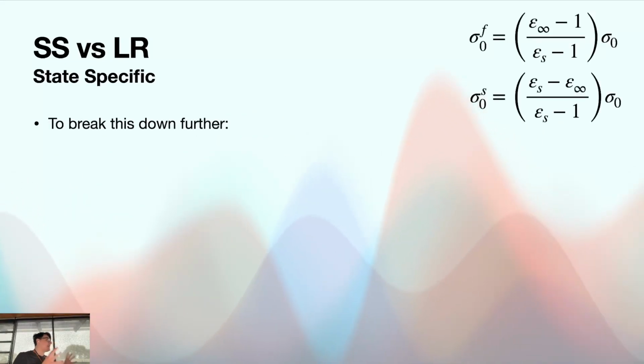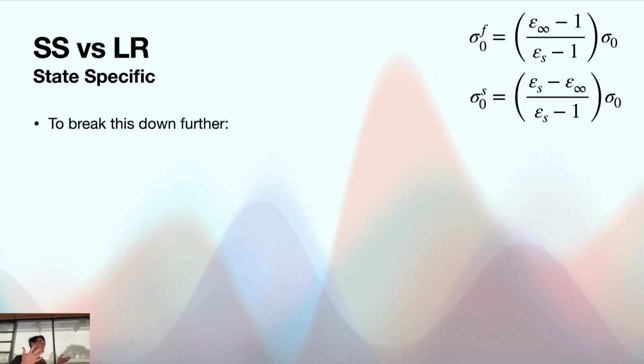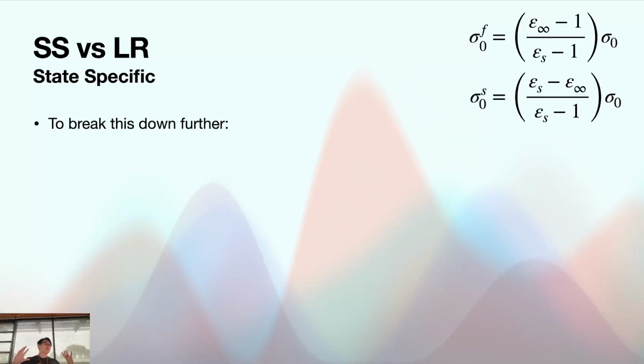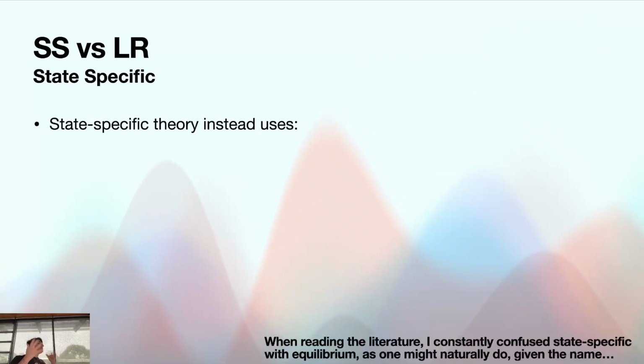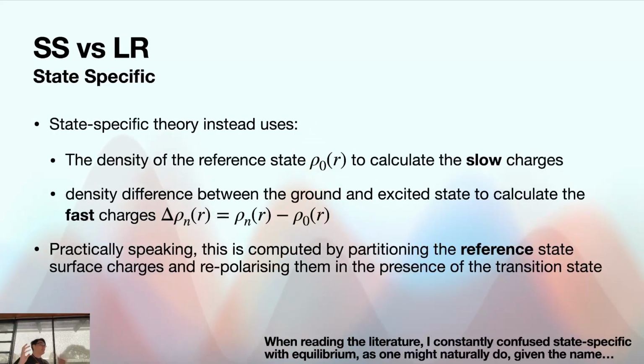So the key takeaway here, and this took a long time for me to get my head around because state-specific is such a frustrating terminology to use when dealing with excited states: this uses the difference in electron density between the ground state and the specific excited state of interest to calculate your fast charges. The slow charges will always come from the density of the ground state.